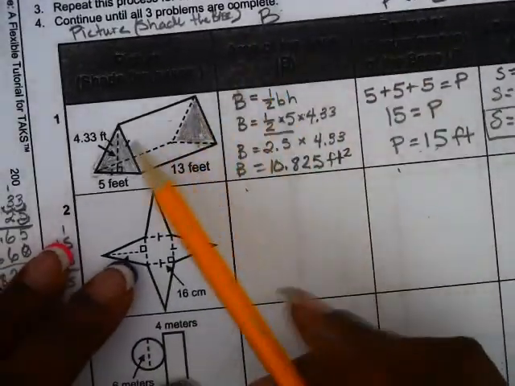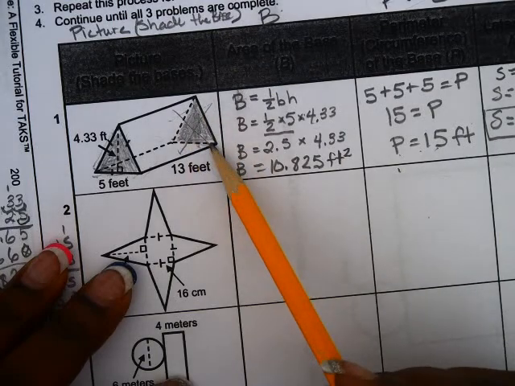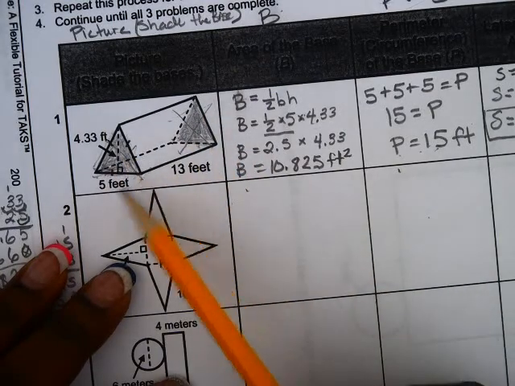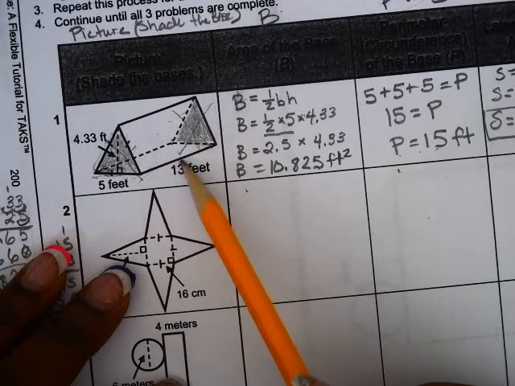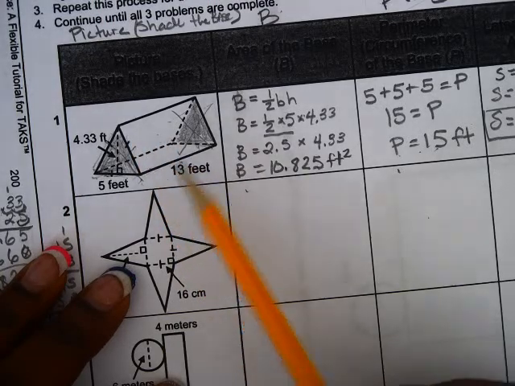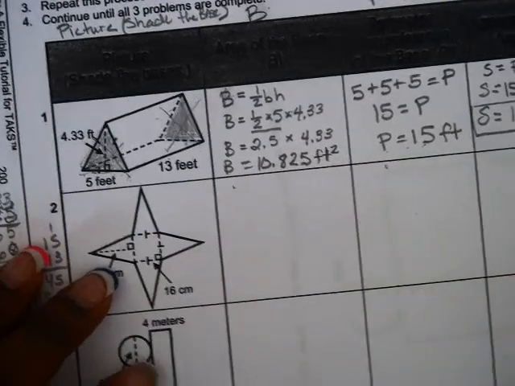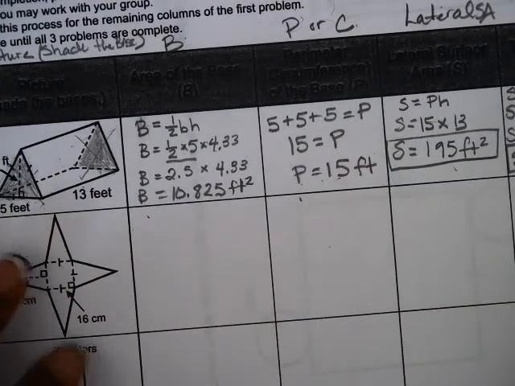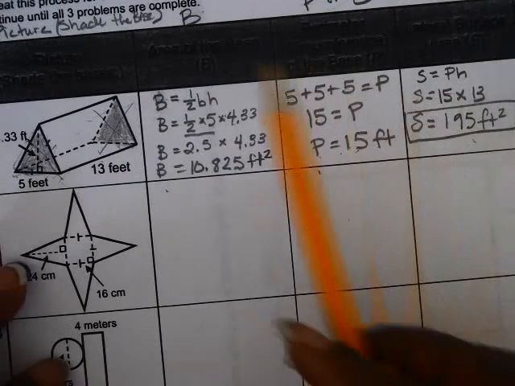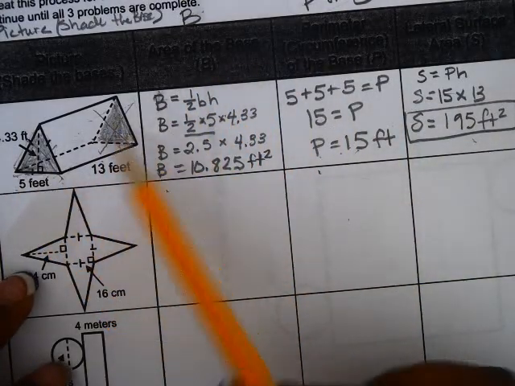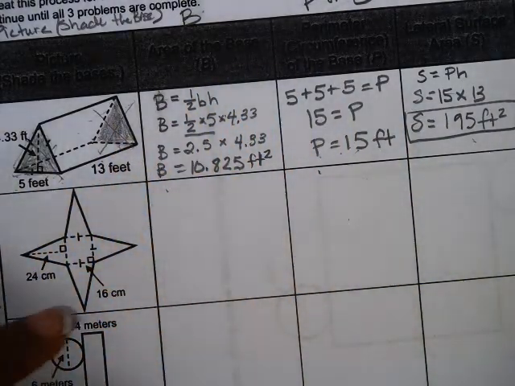When we did our lateral surface area, we did not worry about the bases. We only found those 3 rectangular faces, and that was the area of that part of the shape. Whereas the total surface area was the area including the 2 triangle bases.